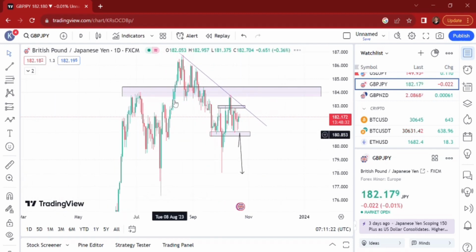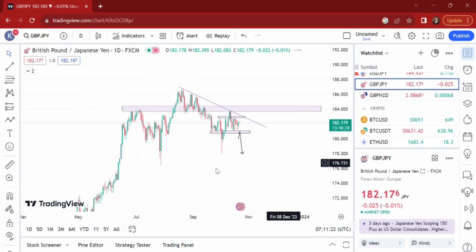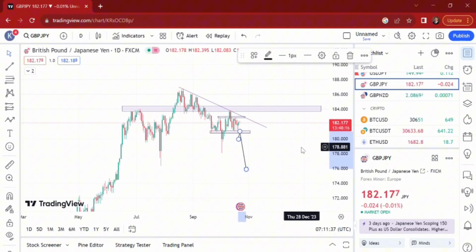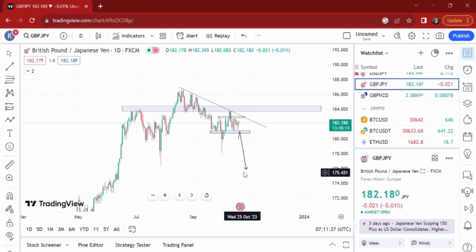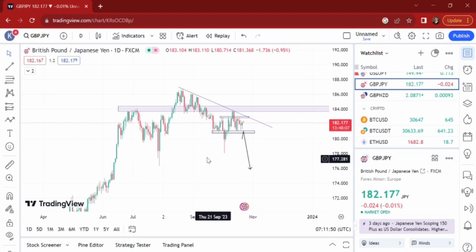Because of this pattern we saw on the daily time frame, most likely price will go short. So I'm expecting price to break this neckline here, retest back on this zone, then we'll sell to this point, this psychological zone, 176.00. So let's watch out how it plays out.